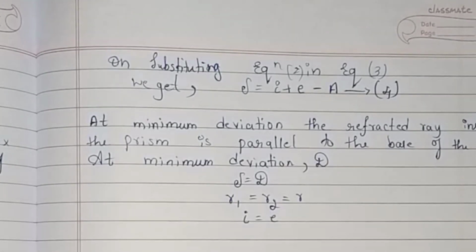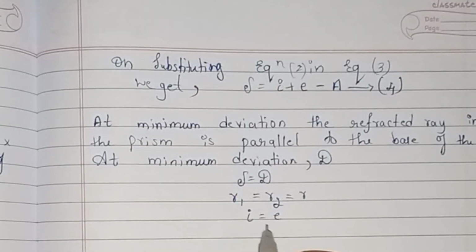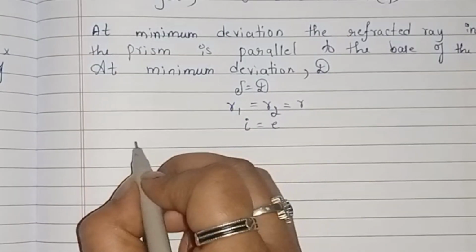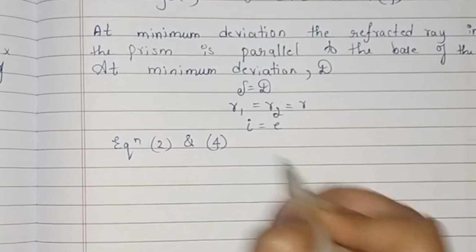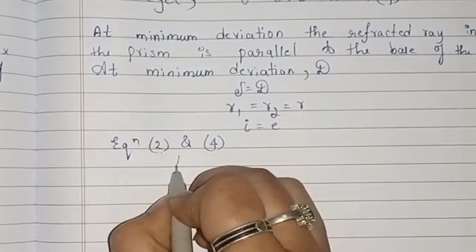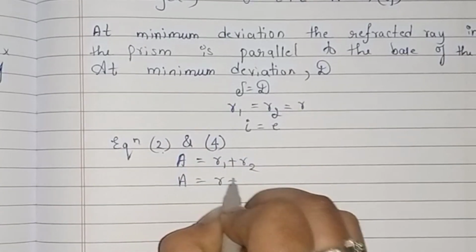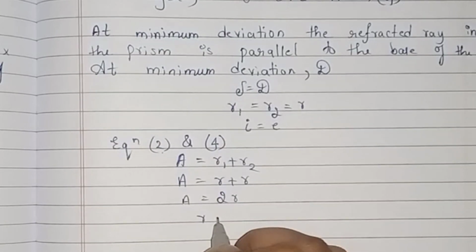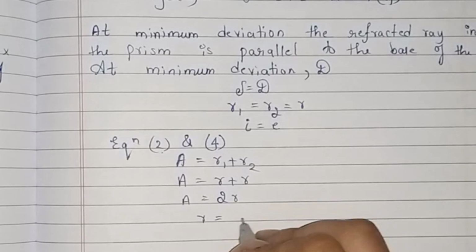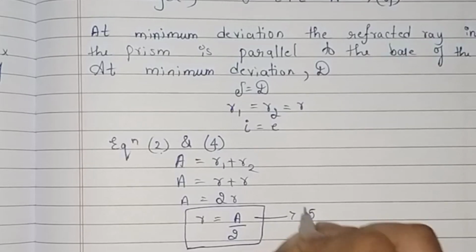So if we substitute the values in the equations we have obtained, equation 2 and 4 will become as follows. Equation 2 is angle A is equal to R1 plus R2. So A is equal to R plus R, so A will become 2R. Then the angle of refraction is A by 2. This is equation number 5.